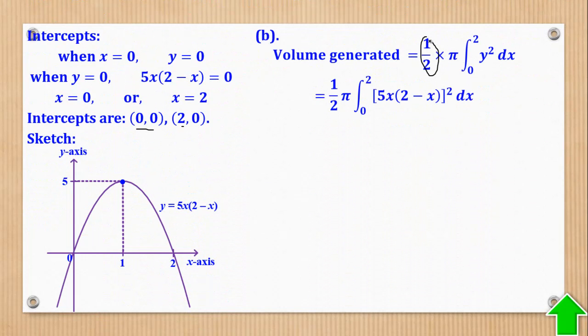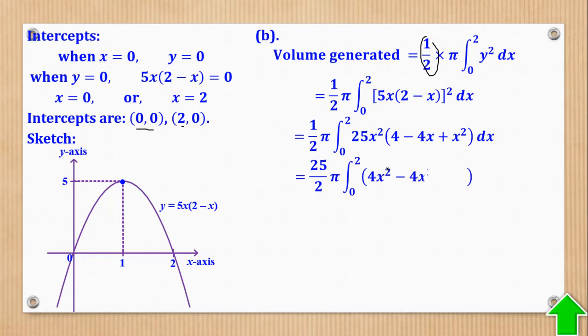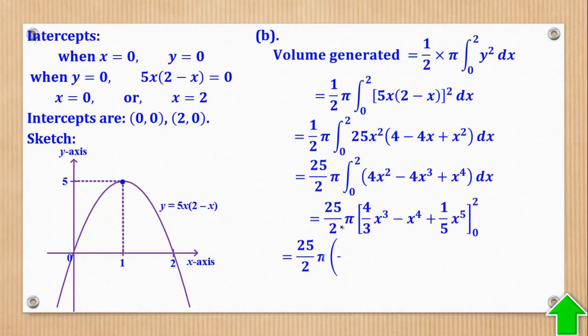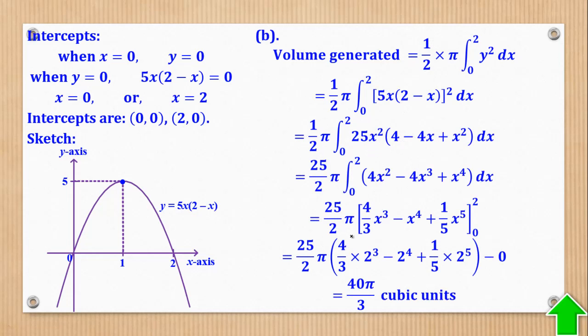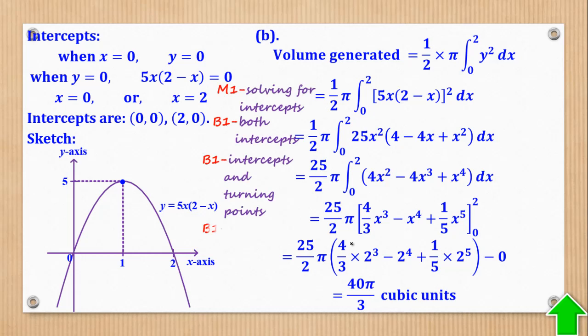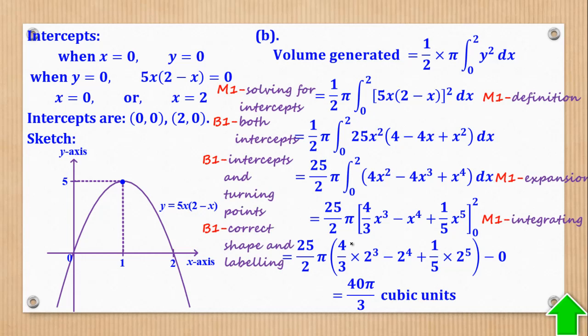Then you substitute for y, expand fully, then you can integrate. Then substitute limits, then use the calculator to get the output, and that's what they wanted. So that's how marks would be awarded.